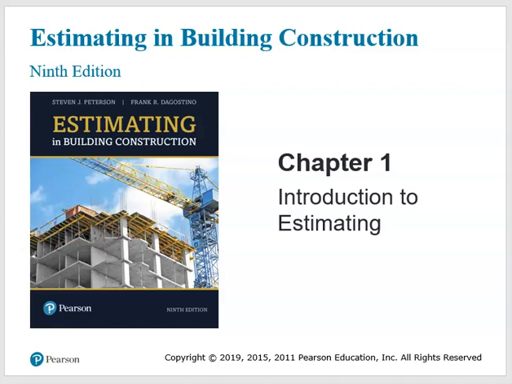But the first sentence reads, building construction estimating is the determination of probable construction costs of any given project. And it says probable for a reason, because we could get hard copies from all of our subcontractors, material costs, everything, and put it into a detailed estimate.